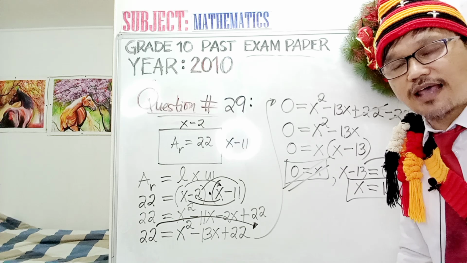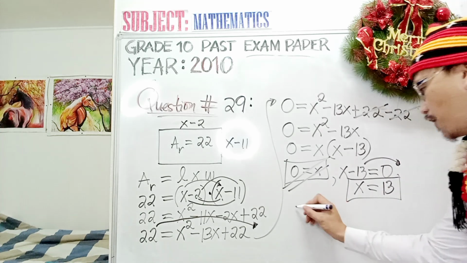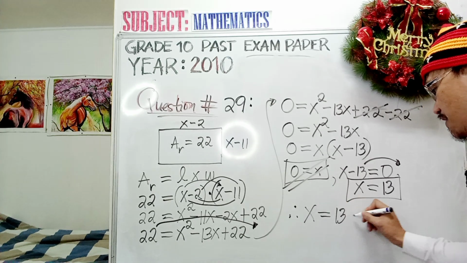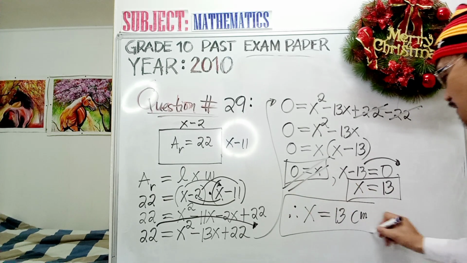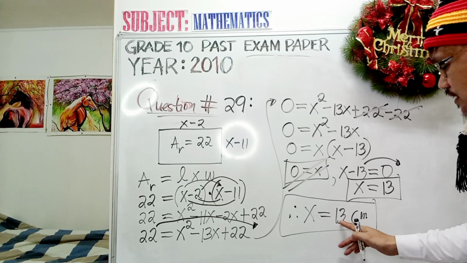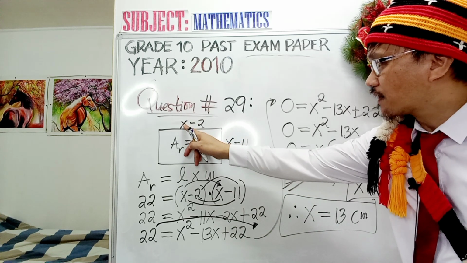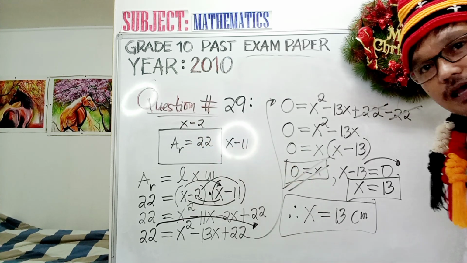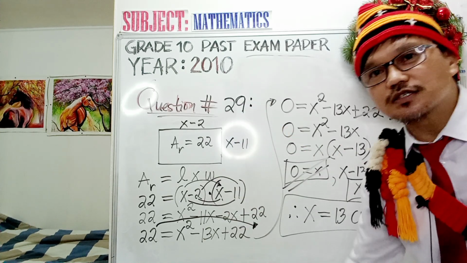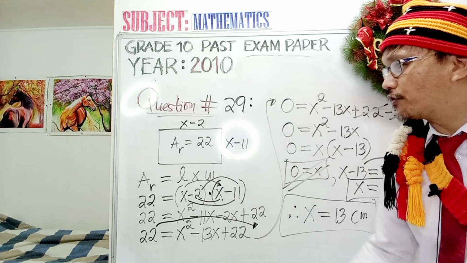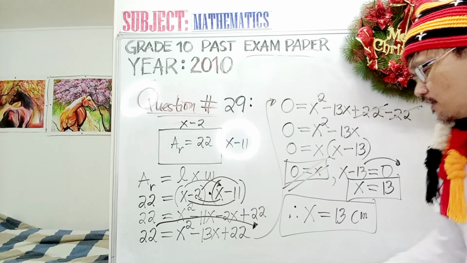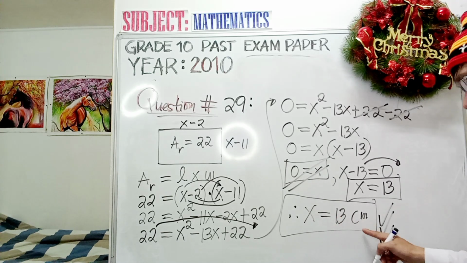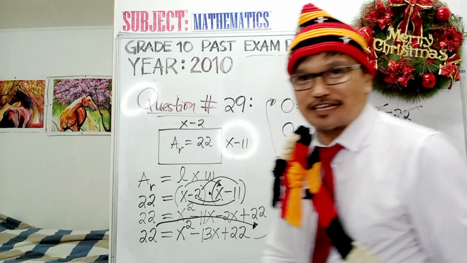Therefore, the value of our x is 13 centimeters. When you substitute 13 centimeters here, 13 minus 2, 13 minus 11 gives you a positive measurement of the length and the width. So therefore, the true value of x is 13 centimeters.